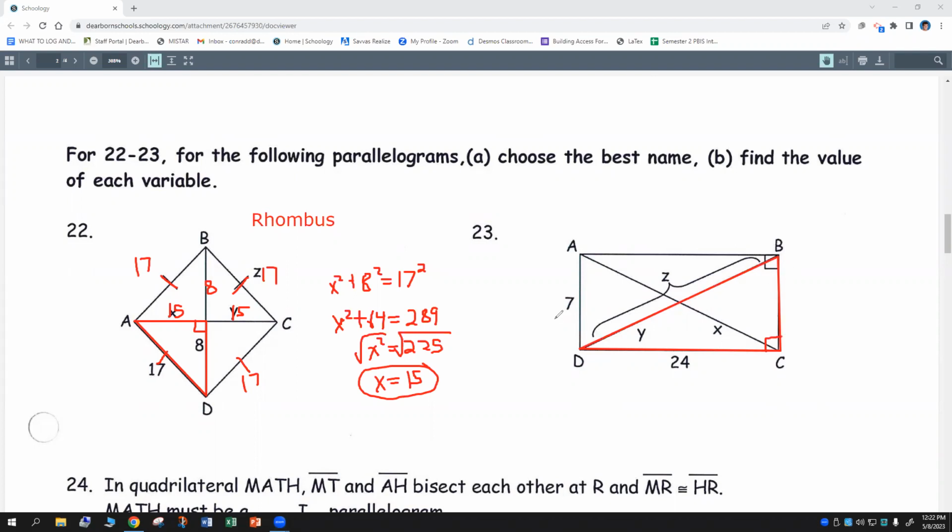So we know the height, AD is 7, BC is 7, opposite sides of the parallelogram are congruent. And then we're solving for z. So z is our hypotenuse. So we're going to do 7 squared plus 24 squared equals z squared. So that's going to give us 49 plus 576. 24 squared is 576.